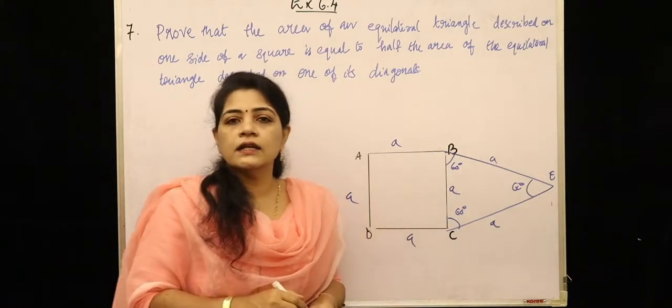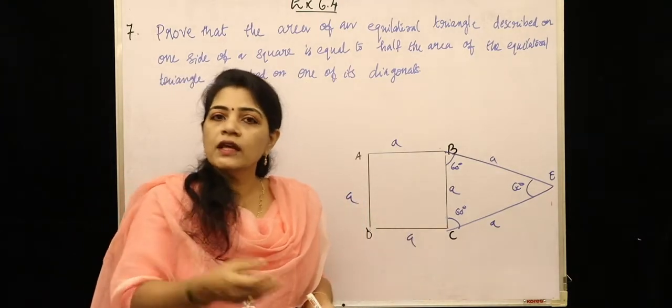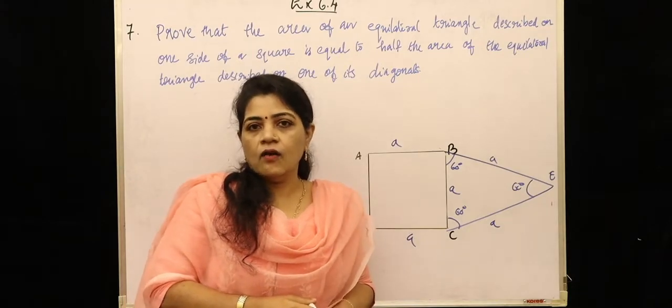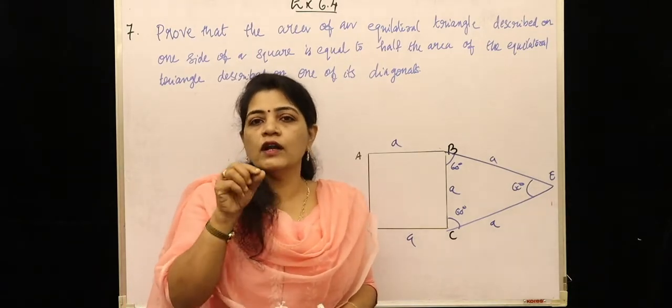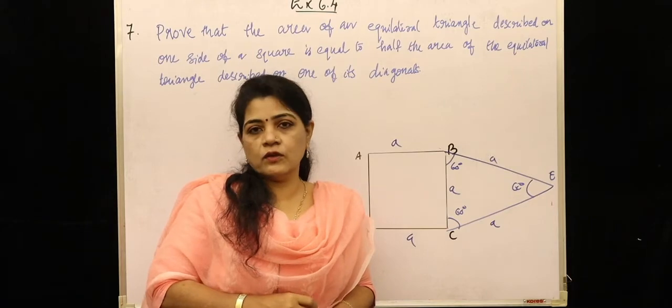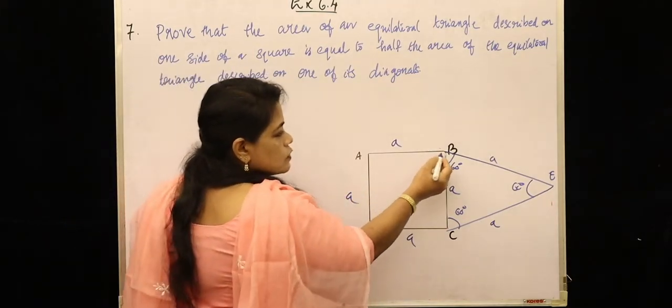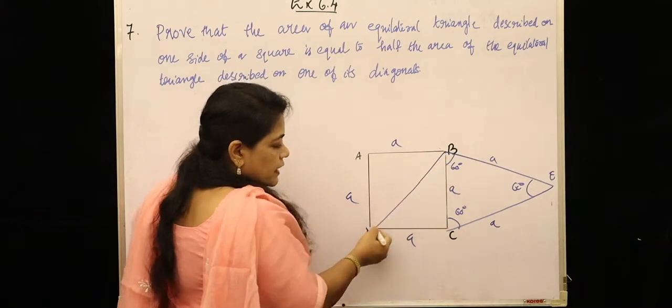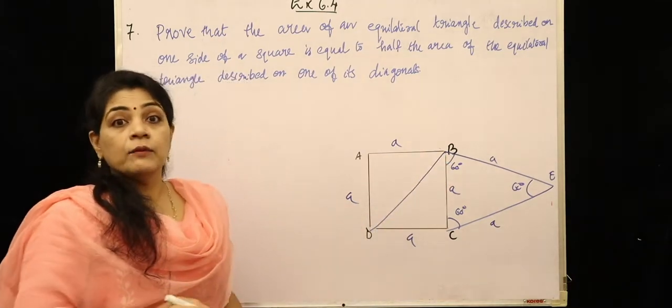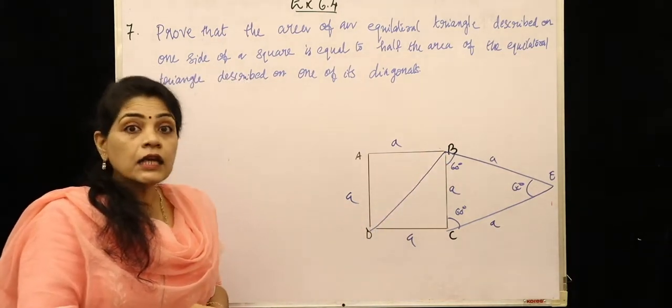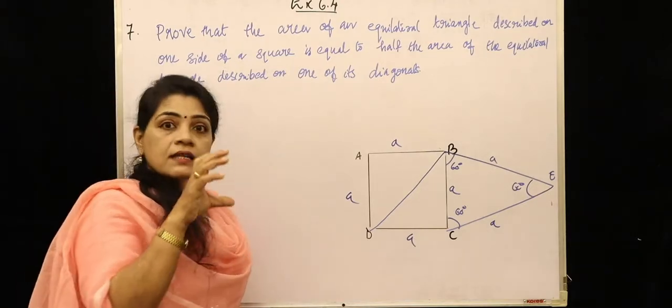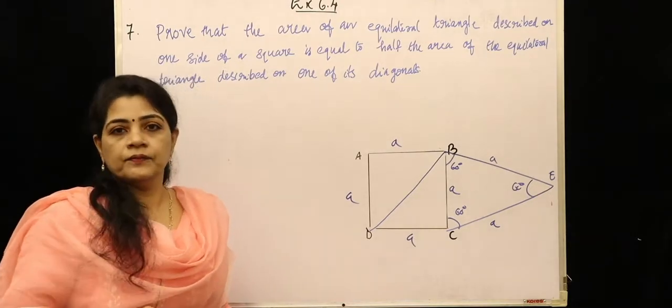And another condition, we have to draw one more equilateral triangle. That should be described on one of the diagonals of the square. We know that a square has two diagonals, children. So I am joining B with D, and I am describing another equilateral triangle with the side equal to BD.